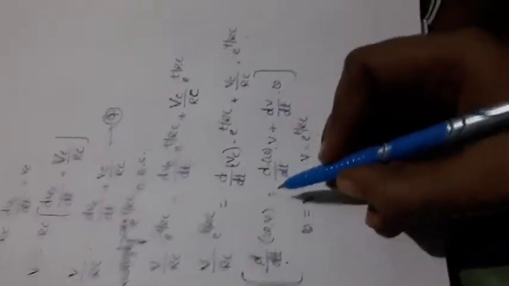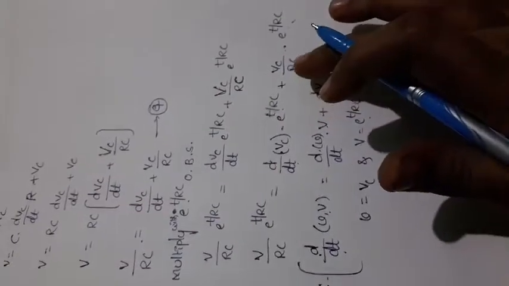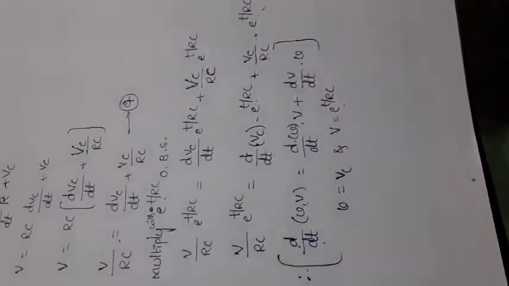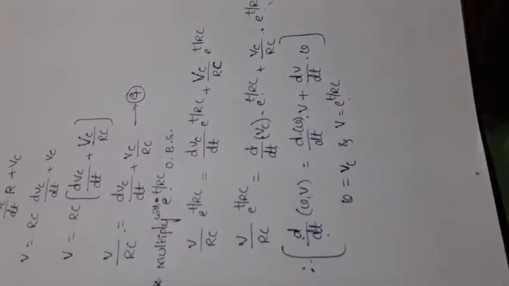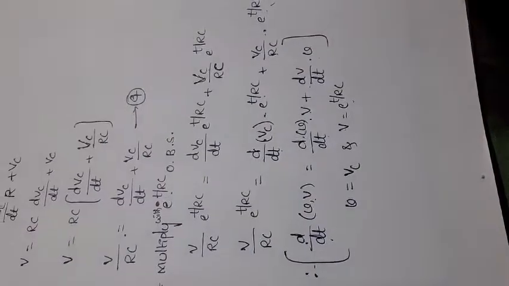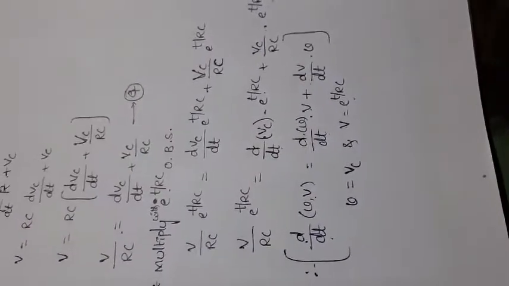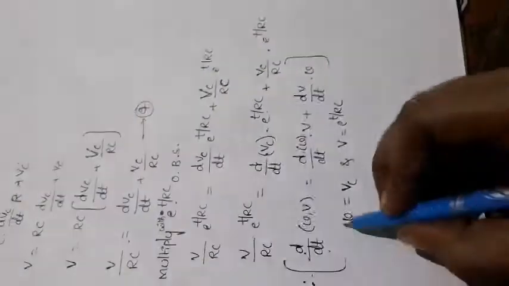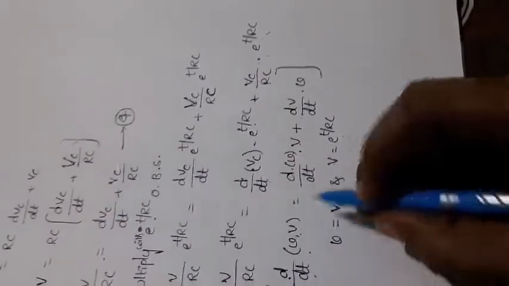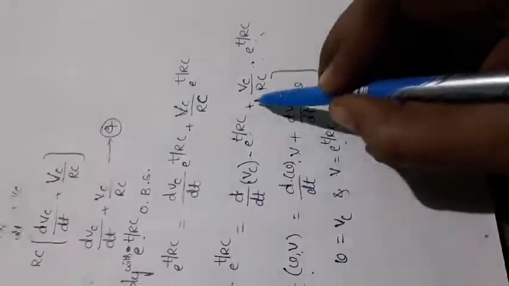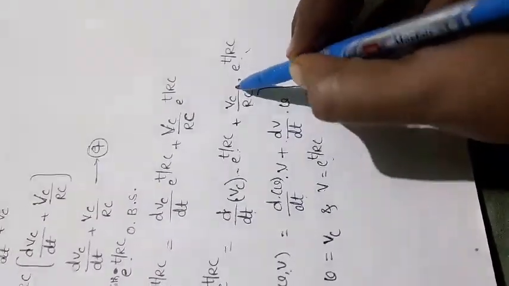I will explain again. If you want to find this value, it is in the form of d by dt of uv formula, the differentiation of u into v constant plus v into the differentiation of u.